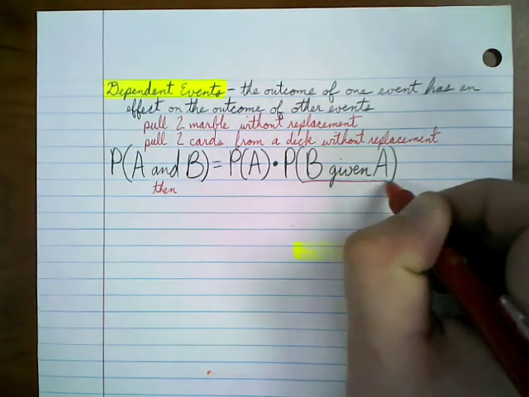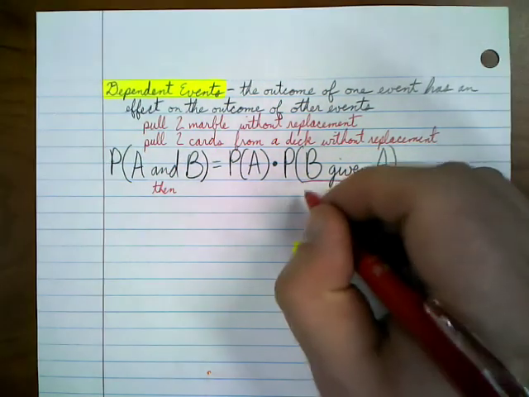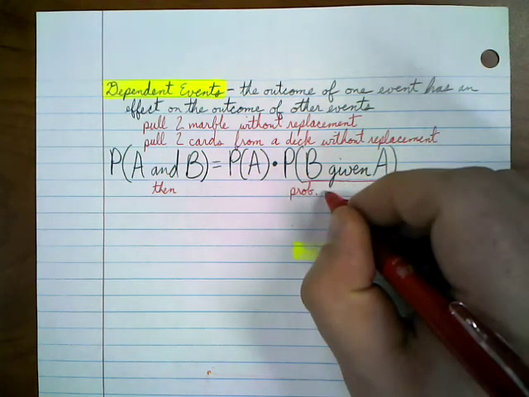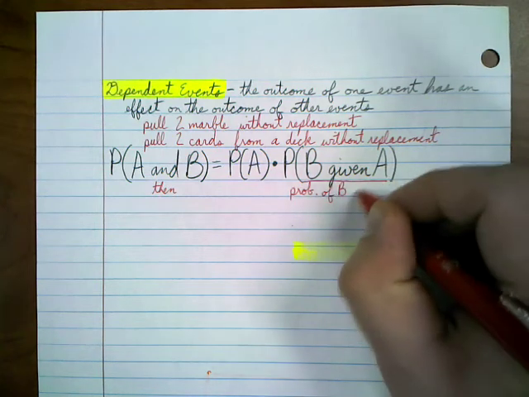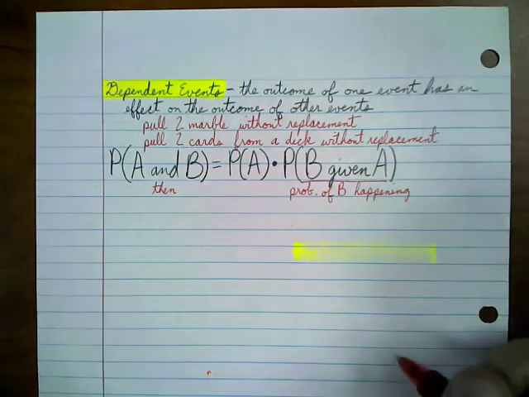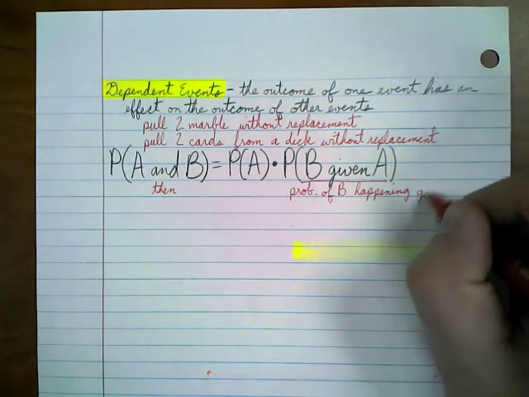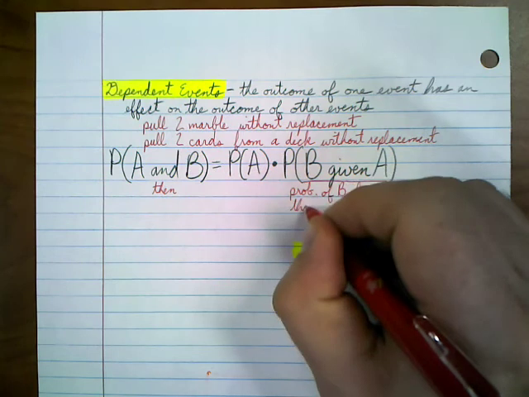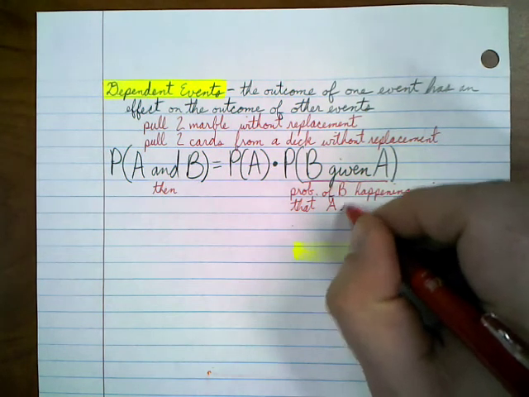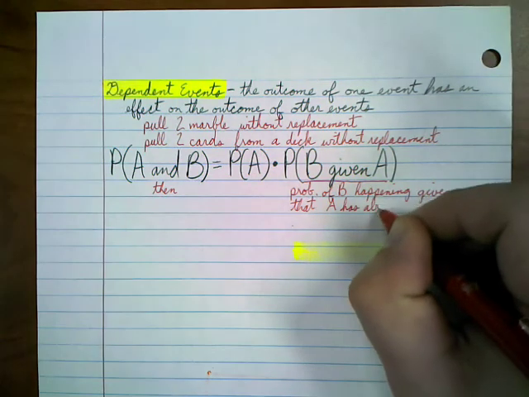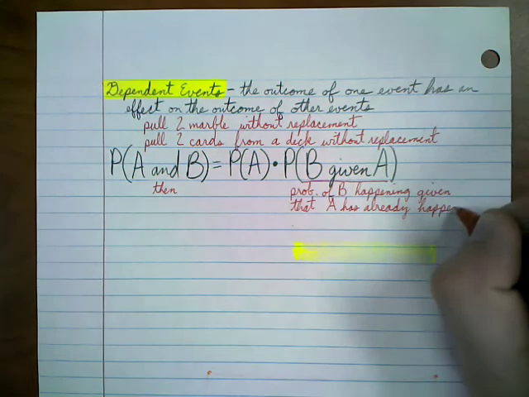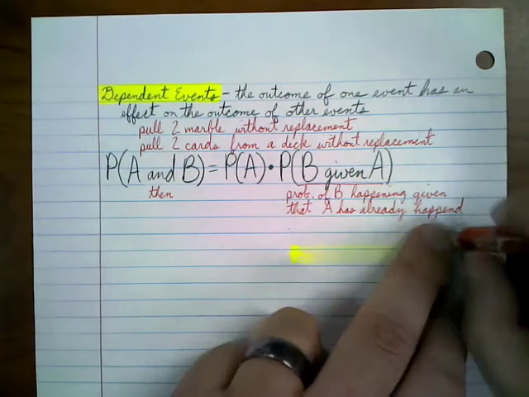And so this B given A part just means: what is the probability of B happening, given that A has already happened?